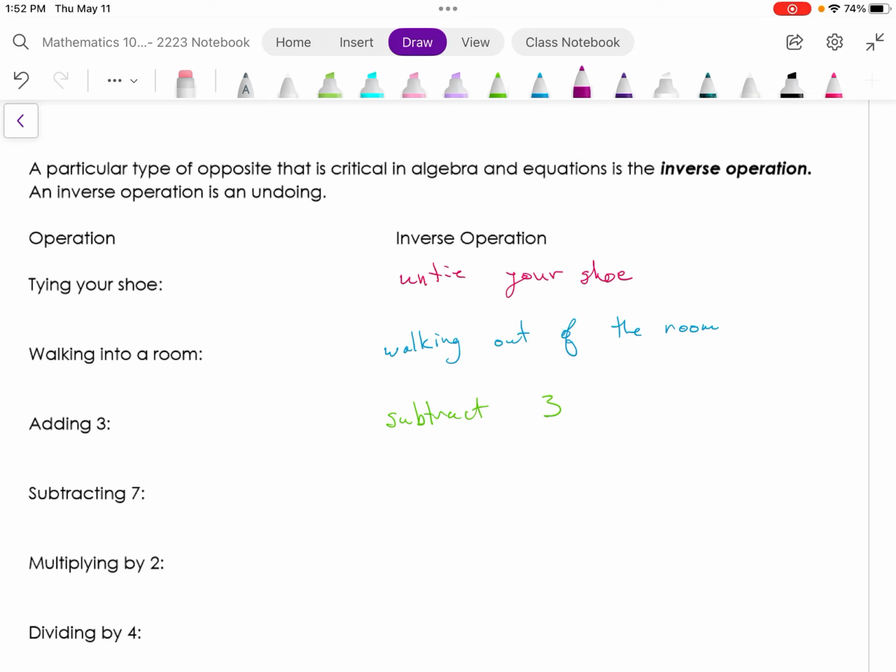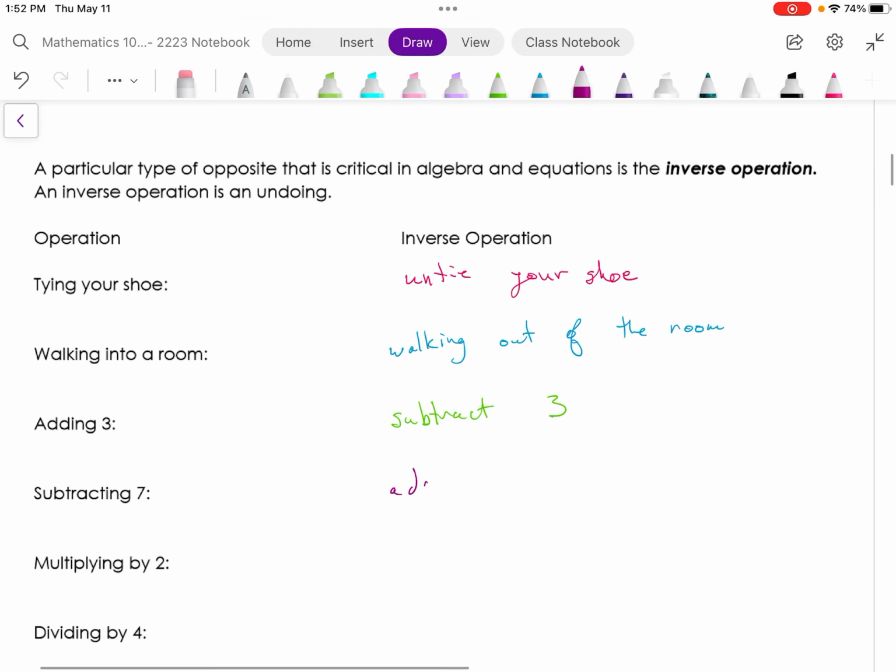Now, on the other hand, subtracting 7. So if you subtract 7, how do you undo subtracting 7? For example, if you have $10 and somebody subtracts 7, the inverse would be to add 7.